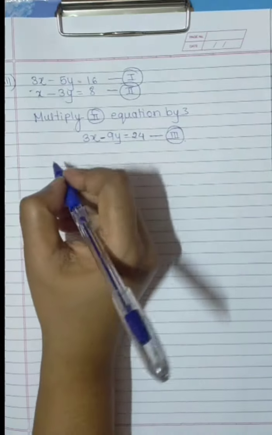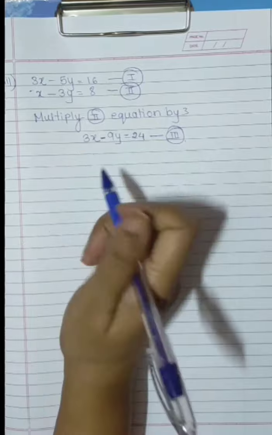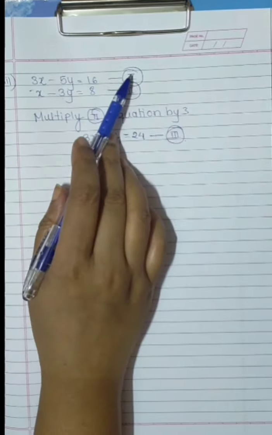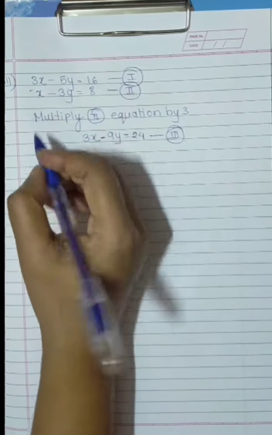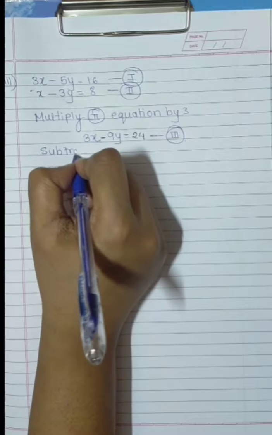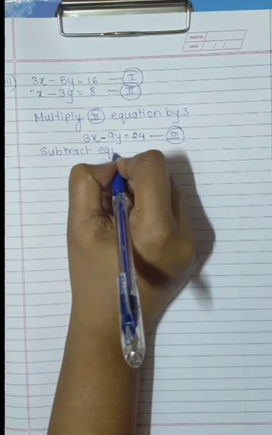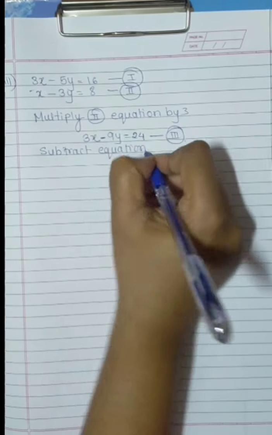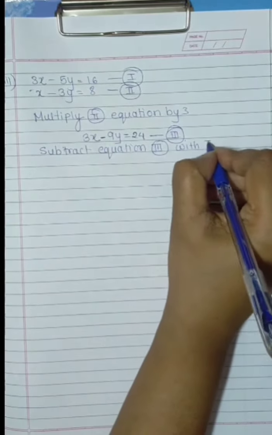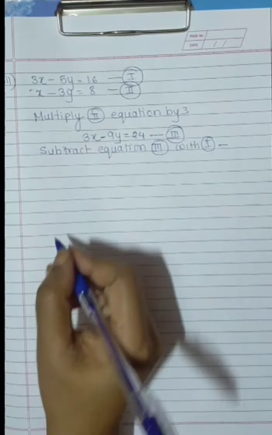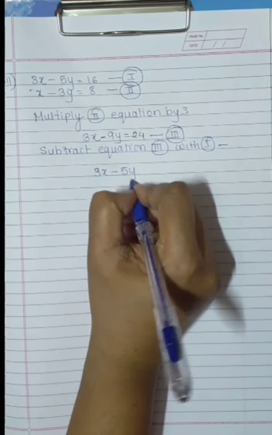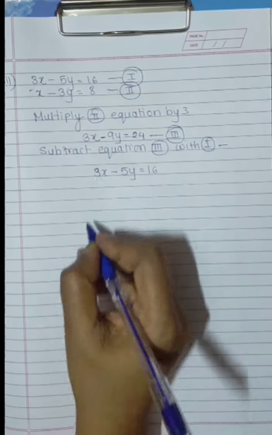Okay. Now after this step we are going to subtract equation third from equation first. So I'm writing 3x minus 5y equal to 16.